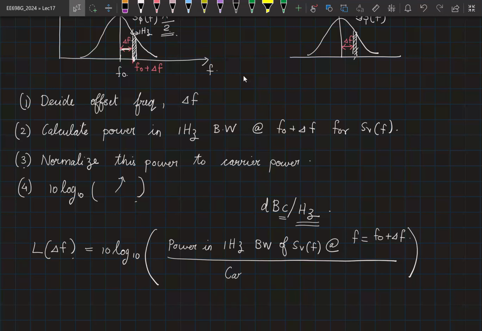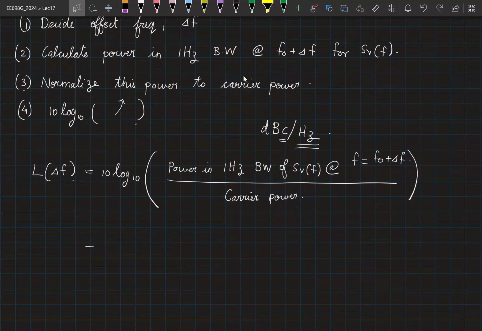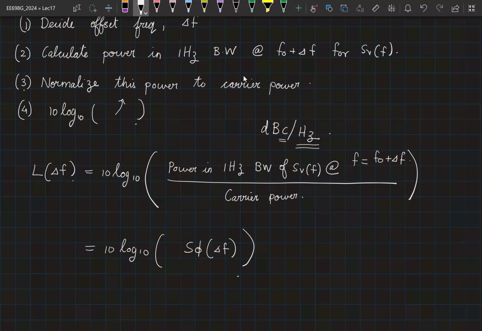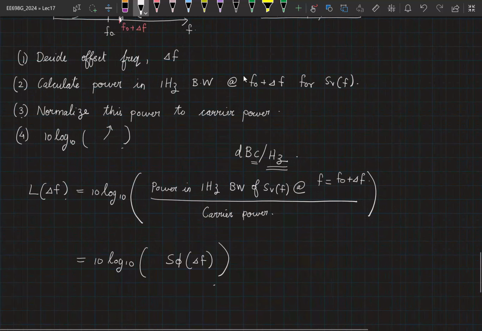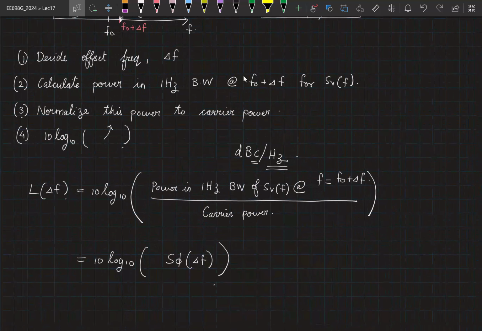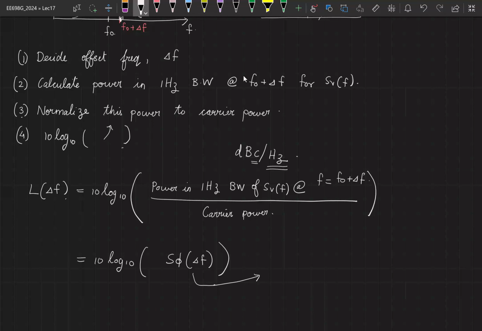Carrier power. Right? This is also the same as 10 log 10 of S phi at delta F. Where this S phi of delta F, is it a two-sided PSD or one-sided PSD? Or does it make a difference?